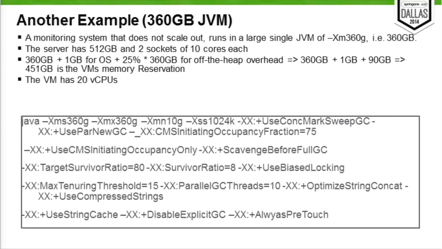Where is parallel GC? Did that get cropped? Anyway, again, the same sort of thing followed through here. But what I did in this instance is, after looking at the JVM and the way it was using things, no matter how you sized it on a 512 gig, 360 gig was going to be NUMA wide.